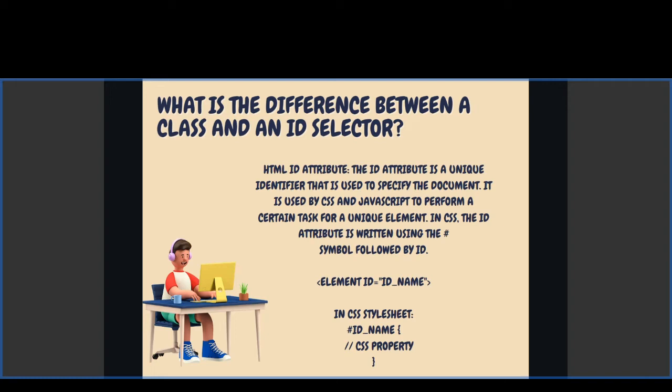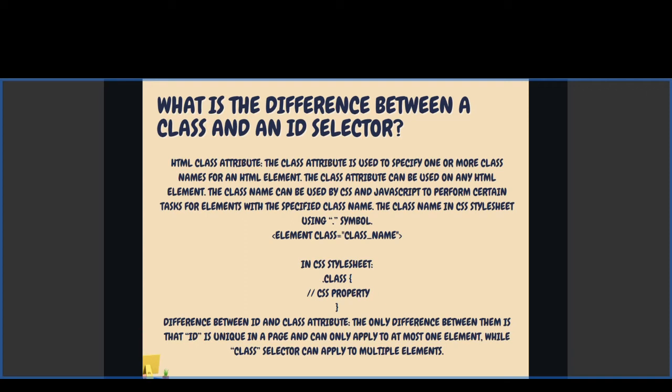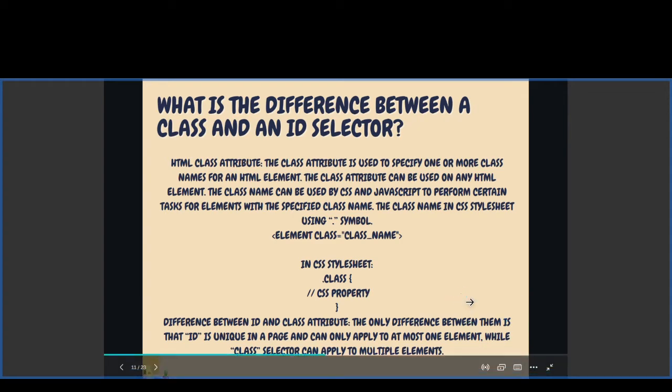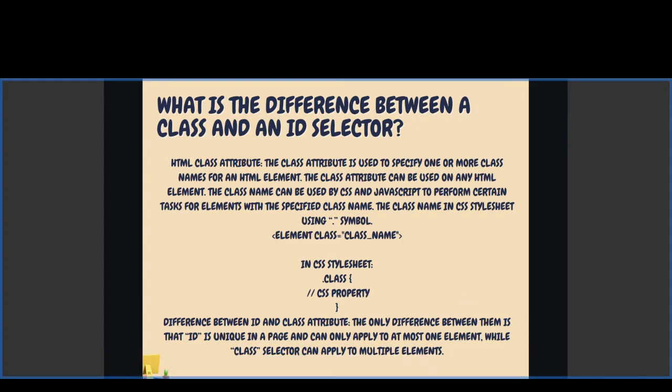In CSS I can write a dot, like .success-button, using the dot symbol, and in HTML I say class is equal to the class name. In this way we can have multiple classes, and at the same time multiple elements having the same class. For example, we have some paragraphs.